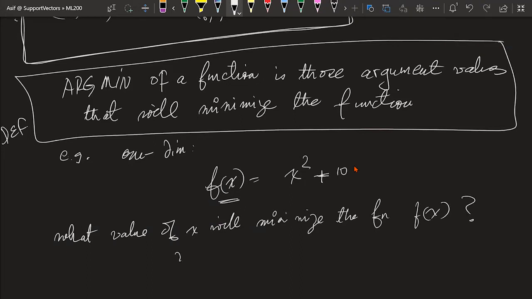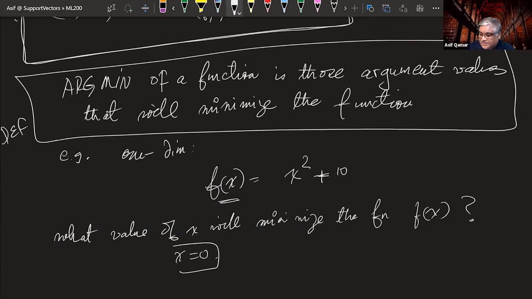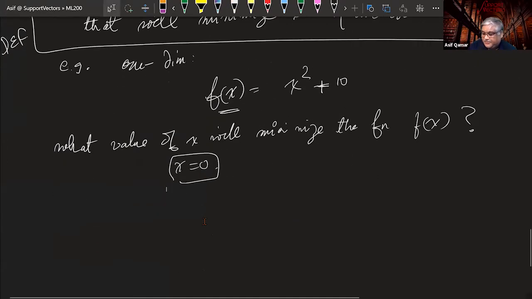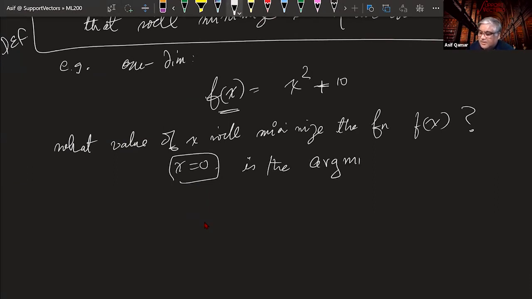Yes. So x equal to 0 is the arg min of f(x). This point, the value x equal to 0, is the arg min of the function. It is the place where the function is minimum.